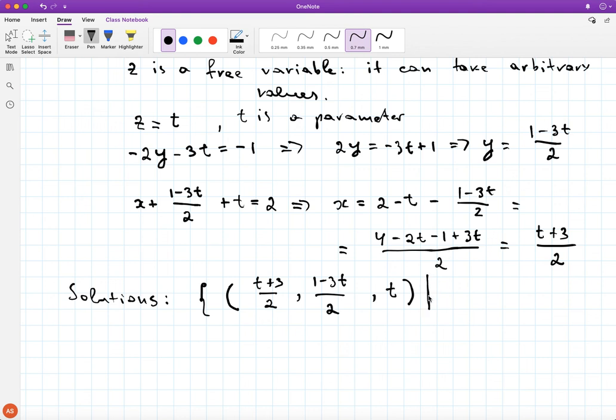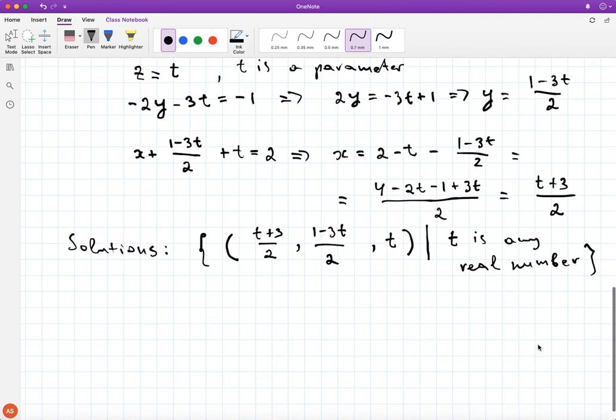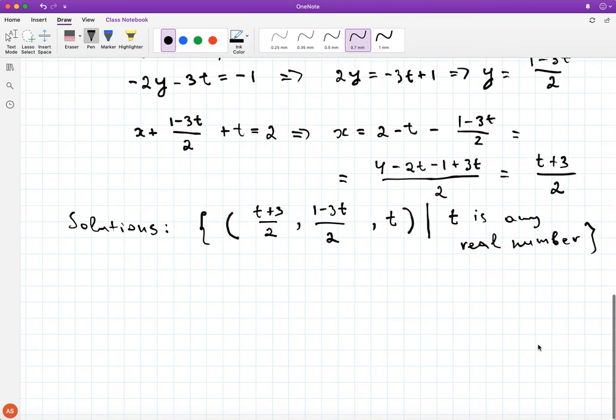And let's explain what t is. I put a vertical bar which can be read as "such that", and after this vertical bar we put an explanation of what t is. t is any real number. In our context, all variables take real values, and so t is an arbitrary real number.